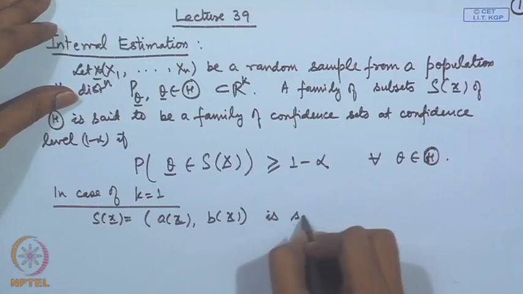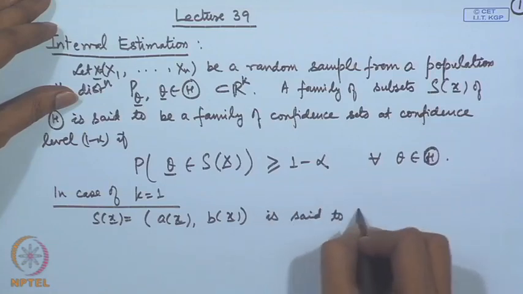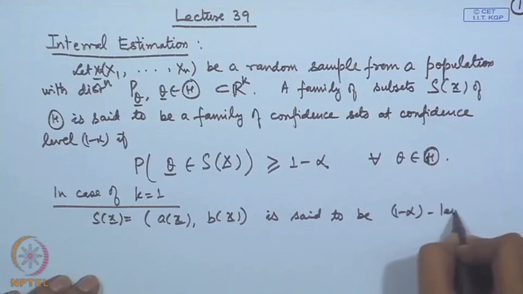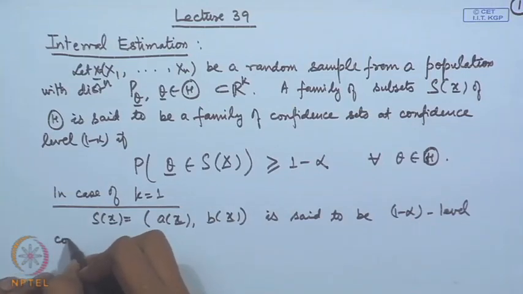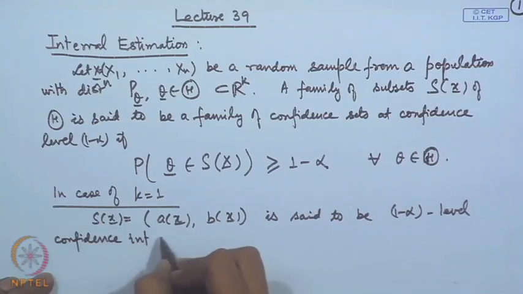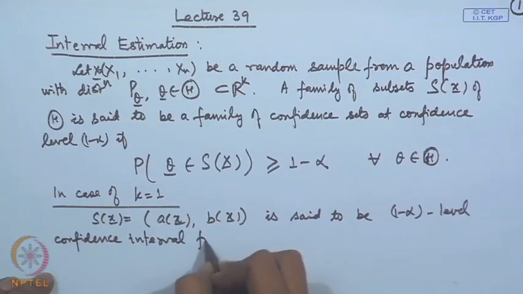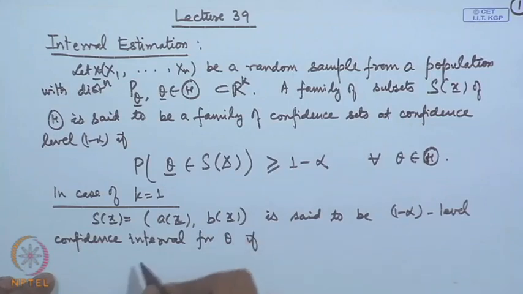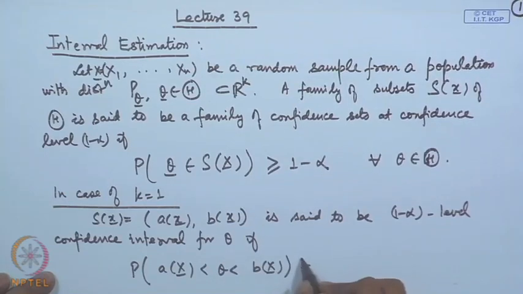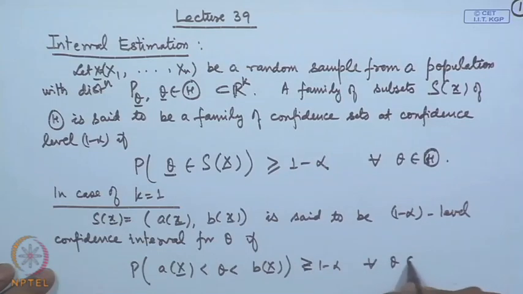This is said to be a 1 minus alpha level confidence interval for theta if the probability of A(x) less than theta less than B(x) is greater than or equal to 1 minus alpha for all theta.